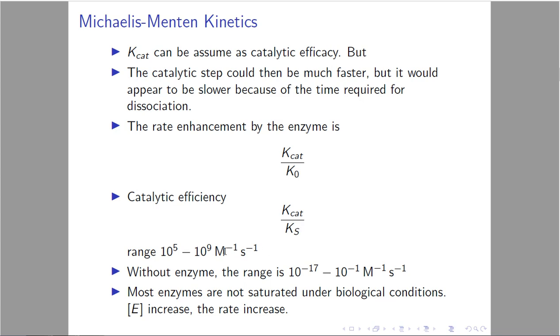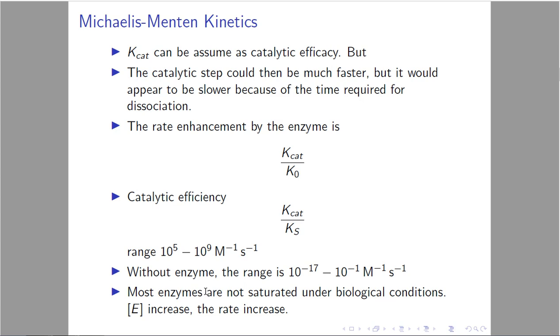Okay, so without the enzyme, the rate is equal to 10 to the minus 17 to 10 to the minus 1 mole per second. Here you can see that we use the enzyme, but the enzyme is very expensive, so we use a small number of enzymes.